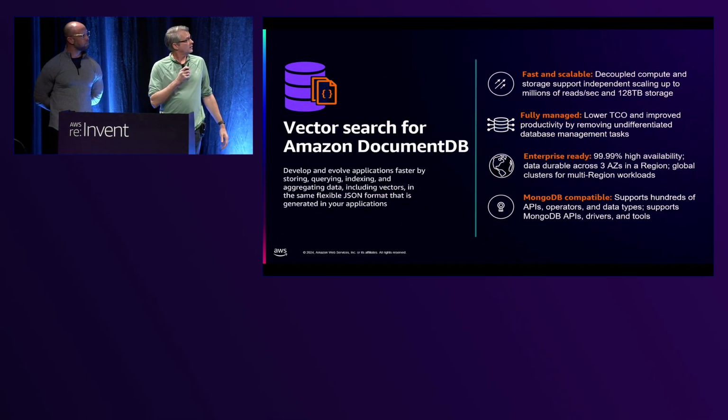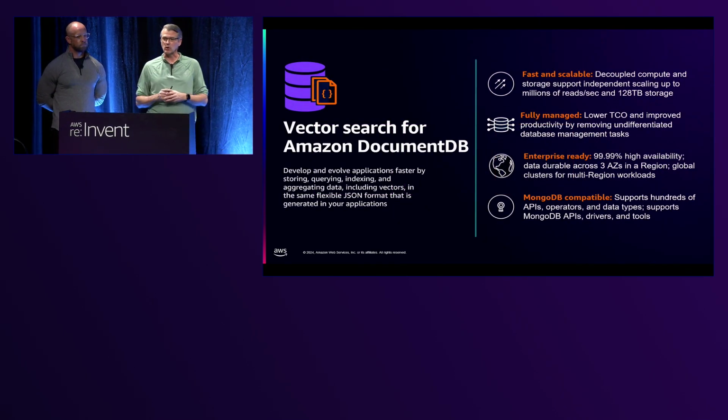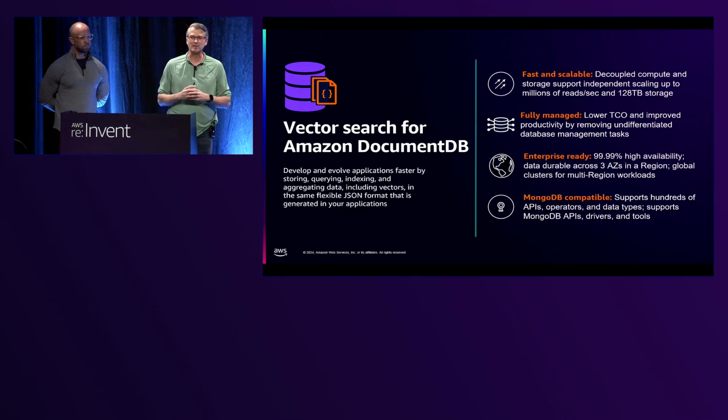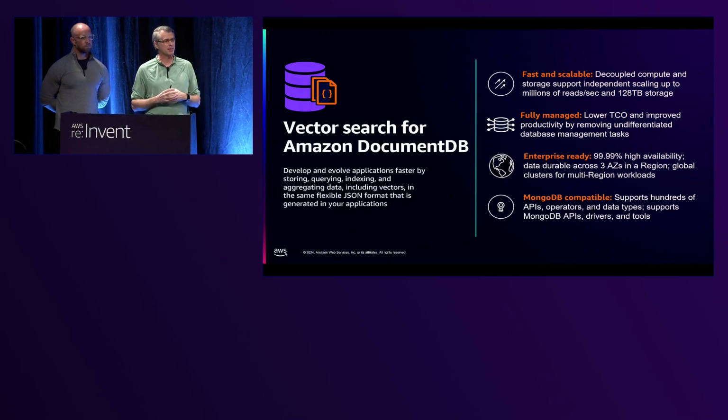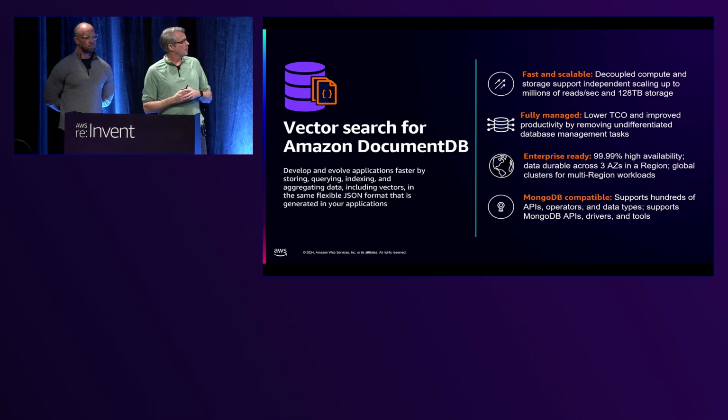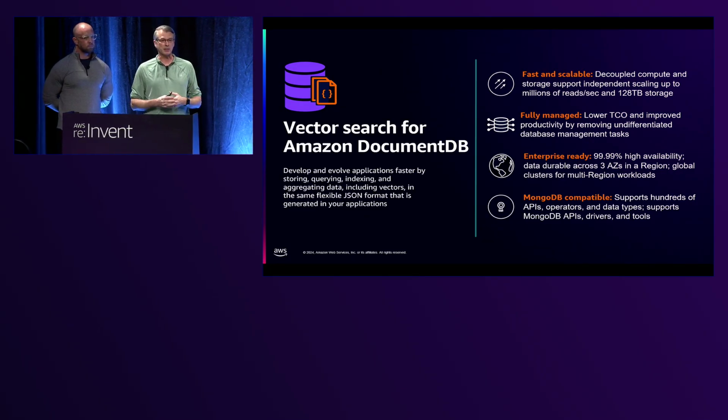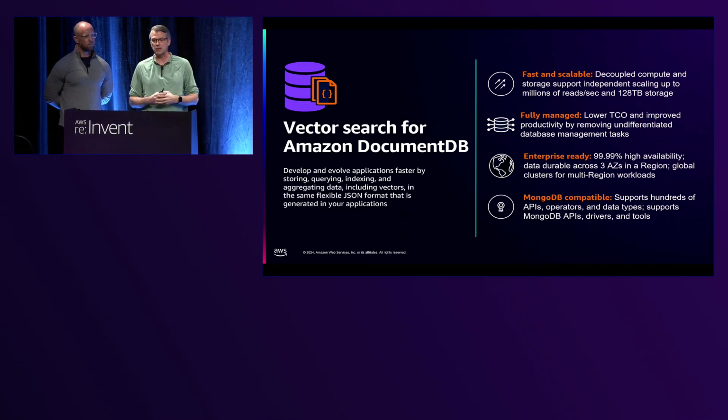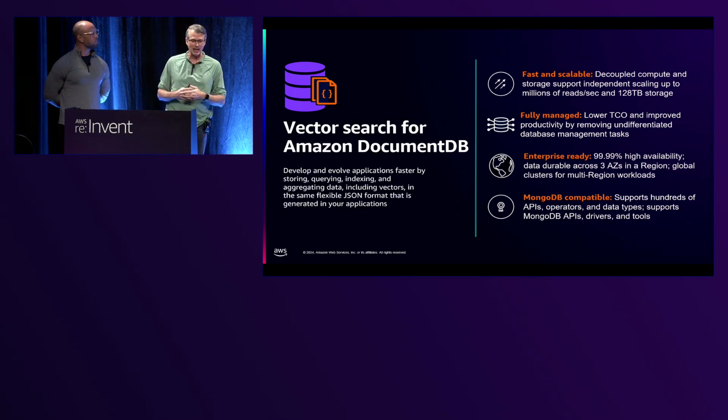All right. Now, real briefly, we said we weren't going to talk too much about what DocumentDB is, but I just want to give a little bit of a level set here. So, yes, the focus is on vector search and using DocumentDB to store vectors. But if you're not familiar with DocumentDB, a couple of key points, as you see here: it is fast and scalable.